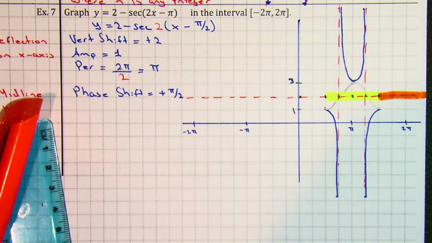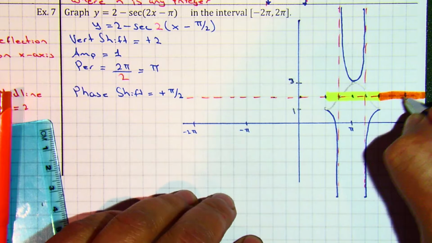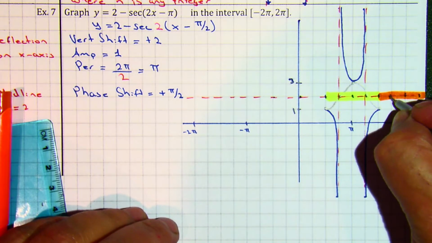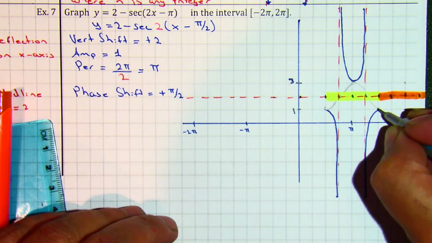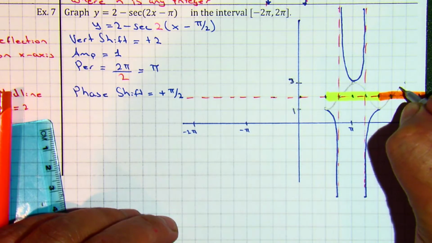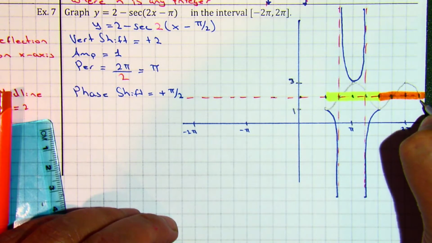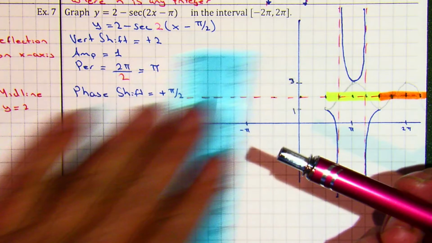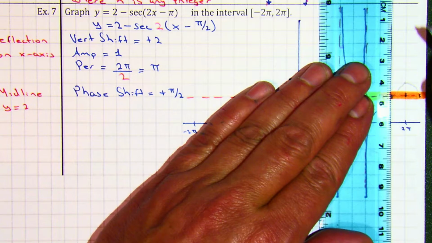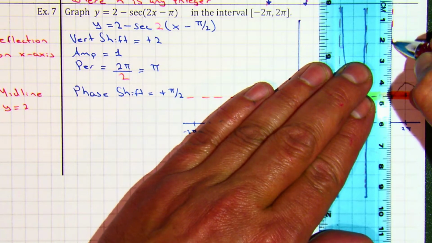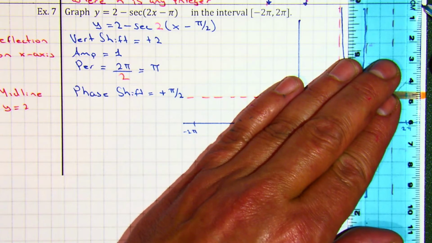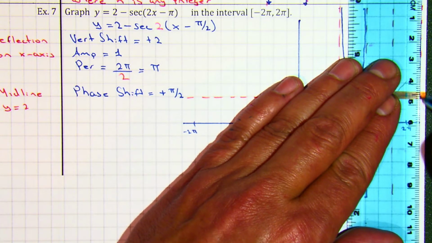I'm going to divide in half, half, half. I'll continue with my cosine, reflected. And then I'm going to go and place my asymptote. Every time it crosses the midline, it's going to be your asymptote for your secant. So therefore, at 2 pi, will be an asymptote.